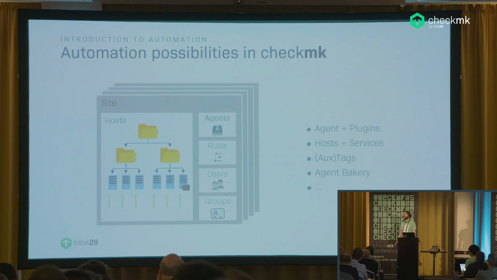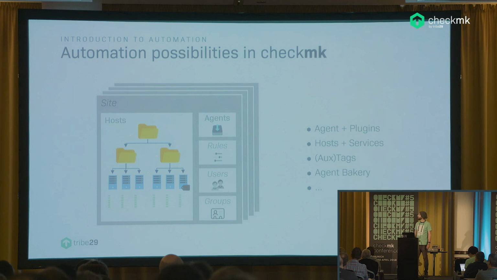And of course, you can also set host tags and labels, as I learned yesterday. If you have done basics like that before and they're established, you can do almost anything in Checkmk and automate it.